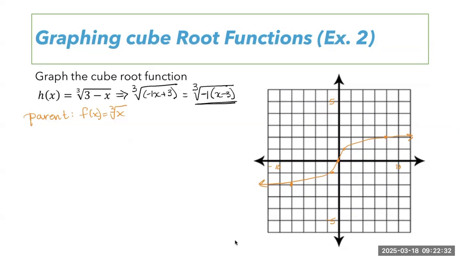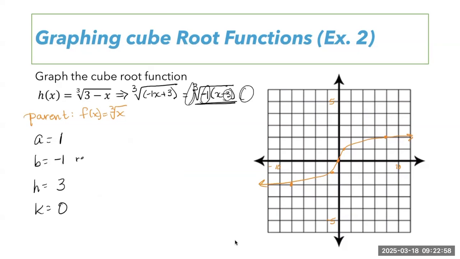Now, for a, b, h, and k, there is no number out in front, so a is just 1. My b value is this -1 number. The h value is the 3 that's being added on the inside, and the k is 0 because we have nothing on the outside being added.